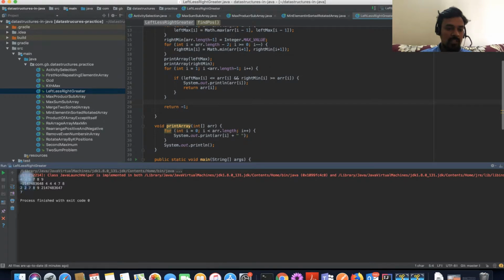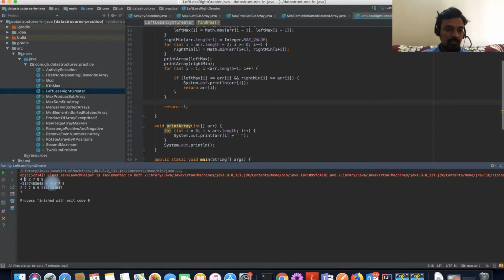this is the limit, right? So left max 4 is less than or equal to 3, no. And right min greater than ARR of I. Right min is 2, greater than 3, no. So we are moving forward.